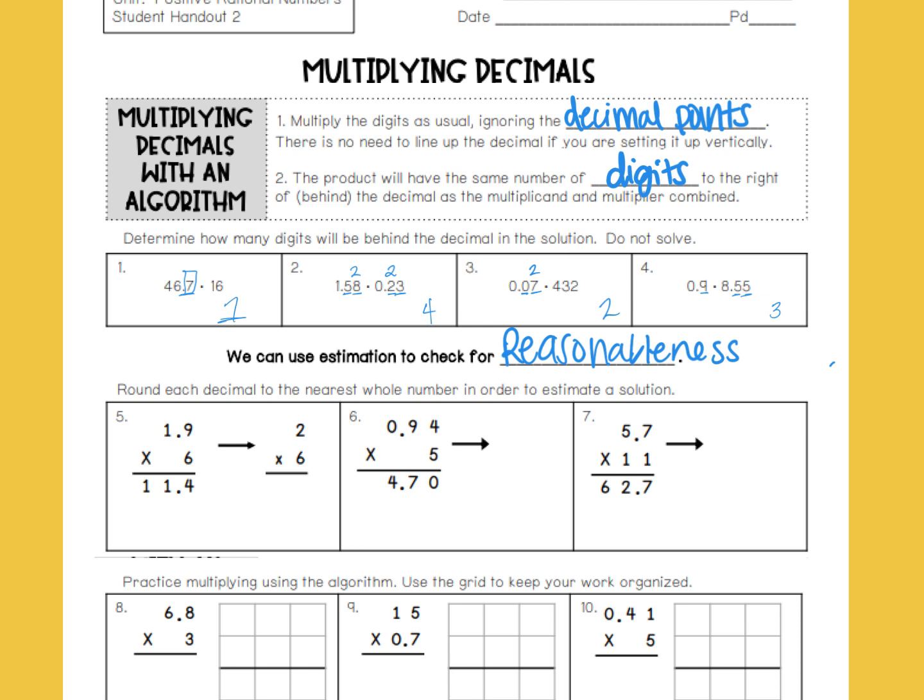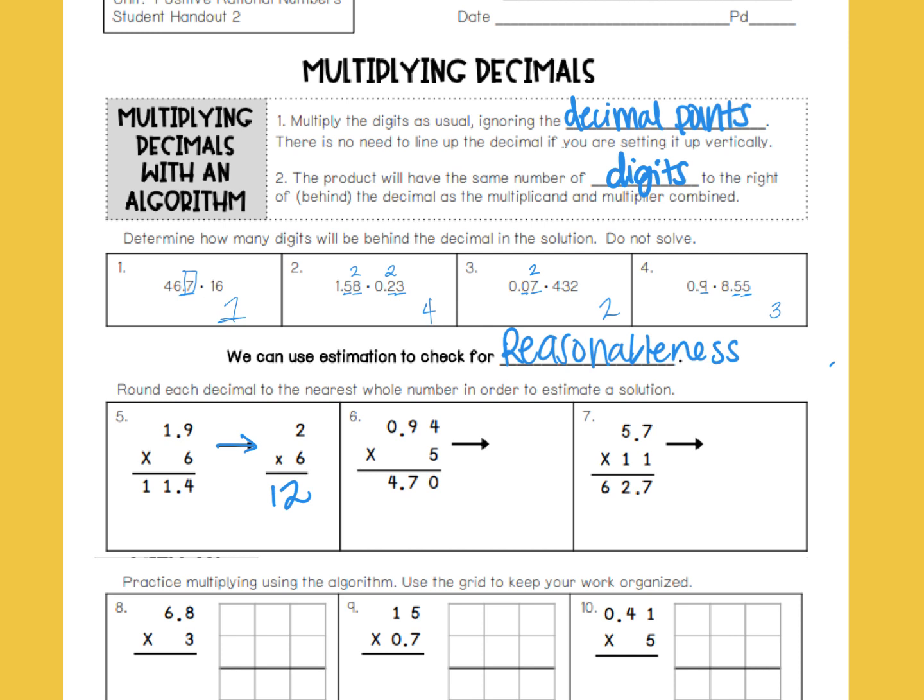So number 5 says 1.9 times 6. As you can see, we've estimated 1.9 to be about 2, and we left 6 as it is, and so 2 times 6 would be 12. So when multiplying 1.9 times 6, our answer should be about 12.